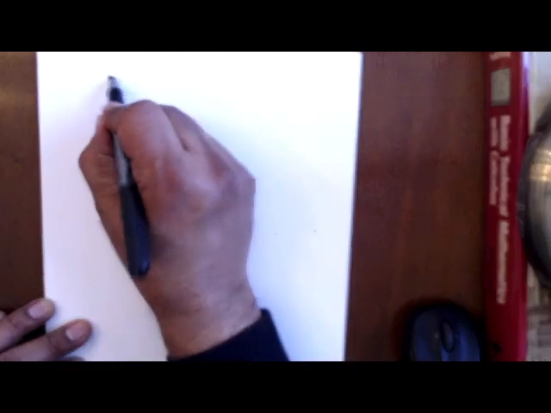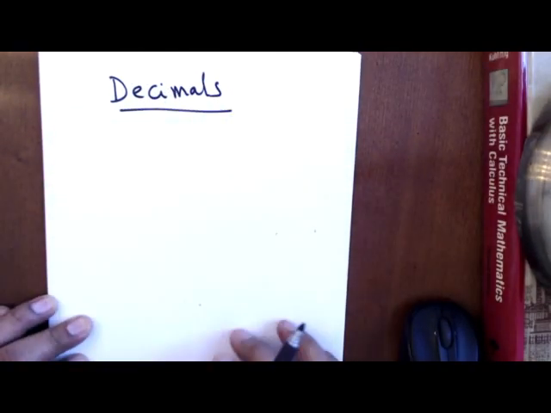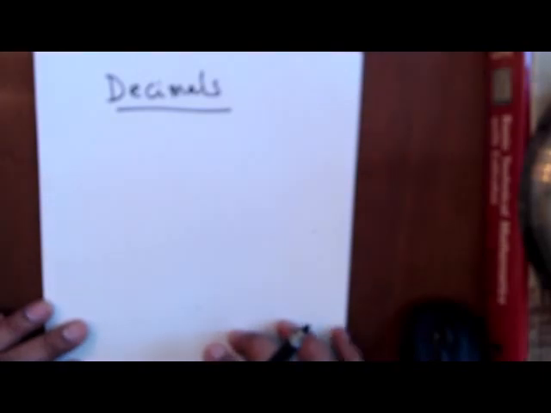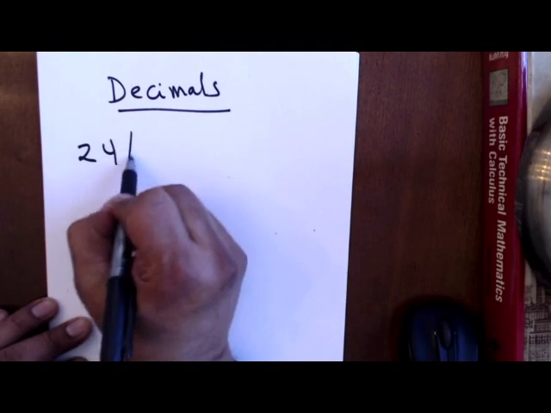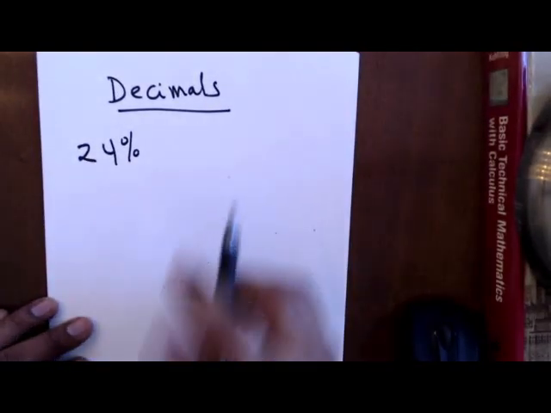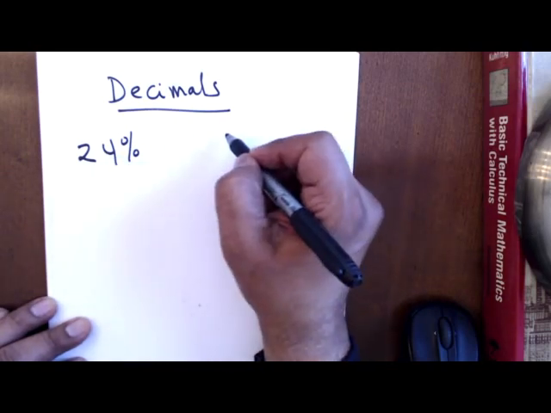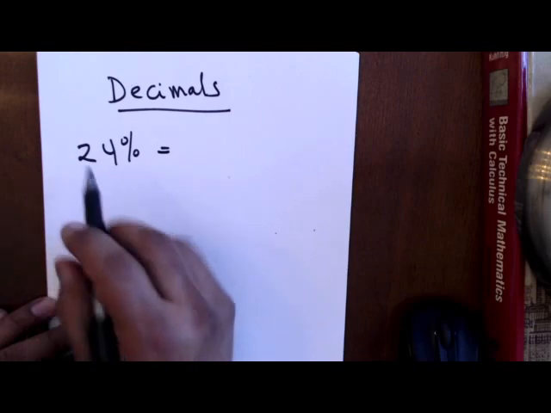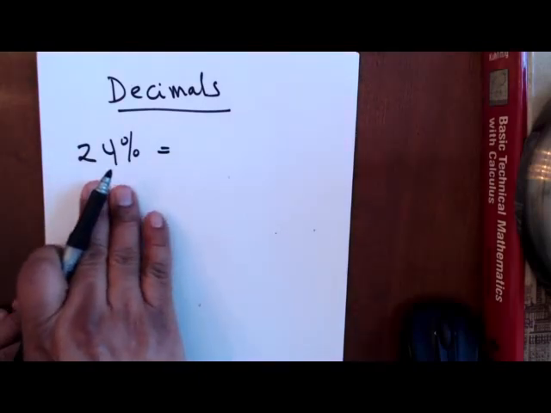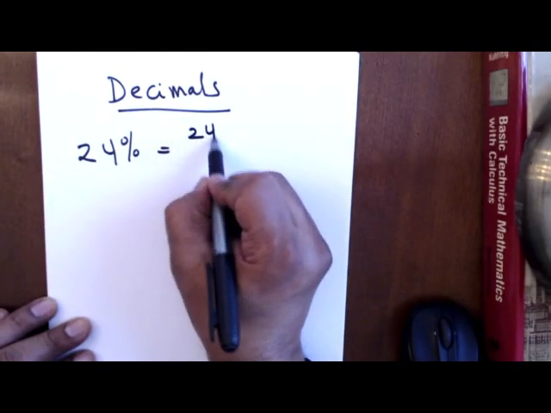So now let's turn to decimals. Now we have a percentage, let's say 24%, and we want to convert this percentage into a decimal. This is very important: every time you see a percentage to convert, basically you go 24 over 100.